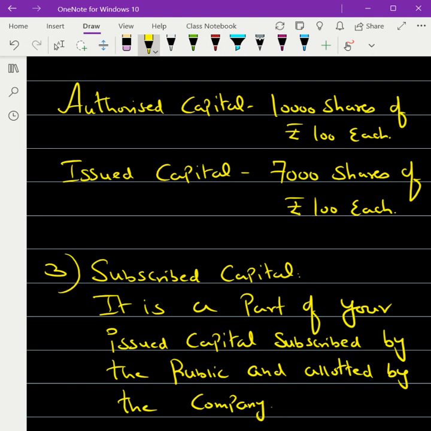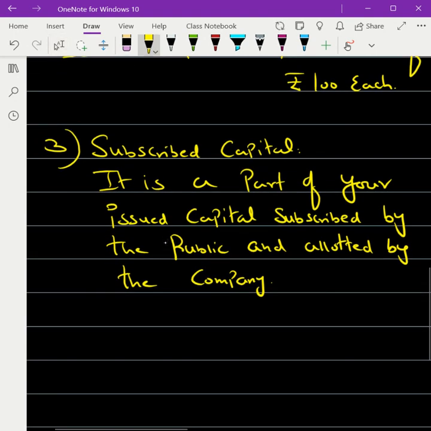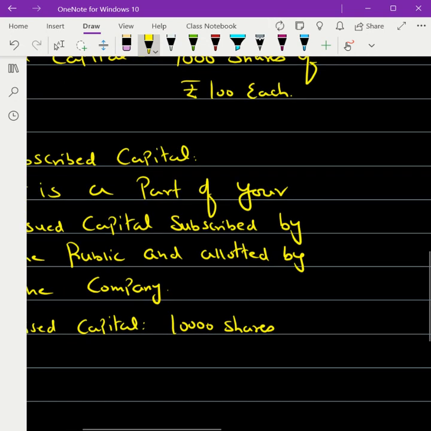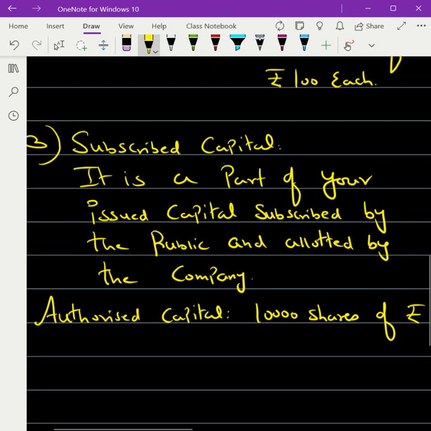So in the above example, once again let me make you understand. The authorized capital we saw was 10,000 shares of rupees 100 each.